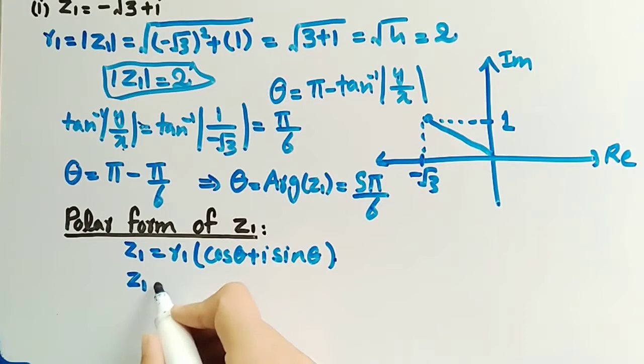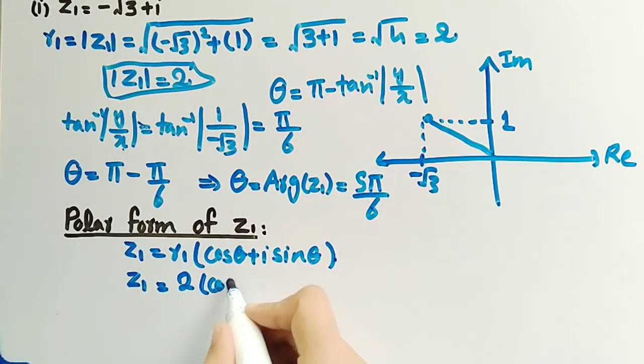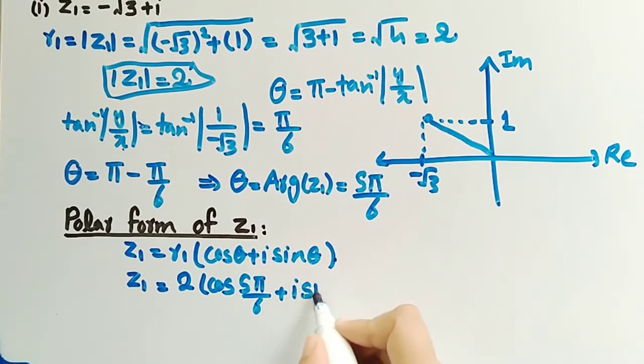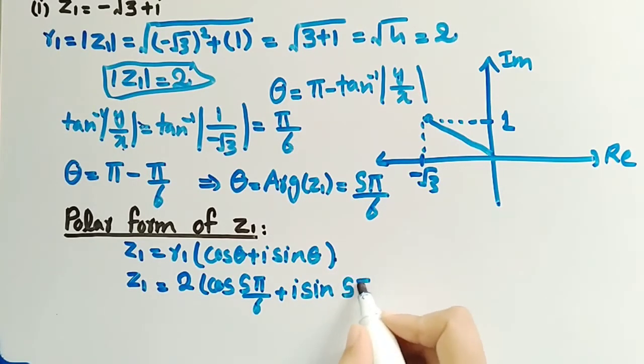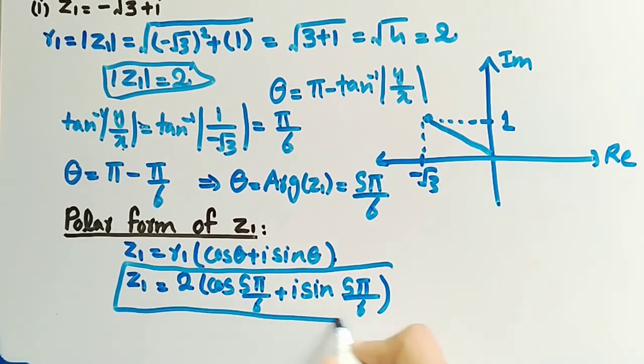So polar form of z1 will be equal to 2 cos 5 pi by 6 plus iota sin 5 pi by 6. So this is the polar form of the complex number z1.